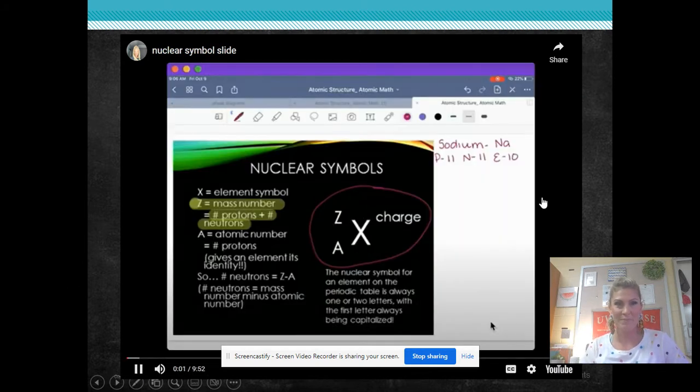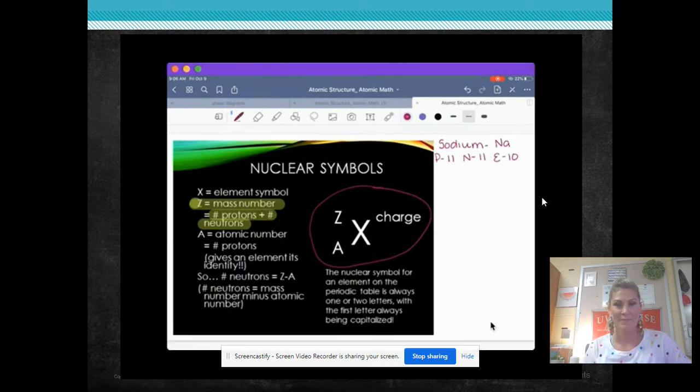Okay, so this brings us to how we represent atoms when we're talking about their atomic structure, when we're talking about how to represent them in a chemical reaction or in a nuclear reaction. How do we do this without having to write down paragraphs explaining all of the things that are going on with that atom? So we do that in chemistry with symbolization.